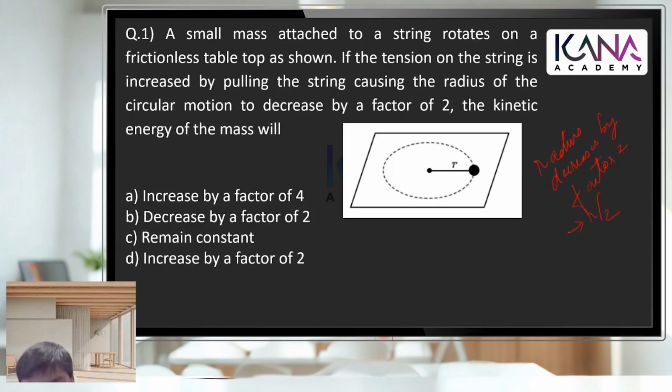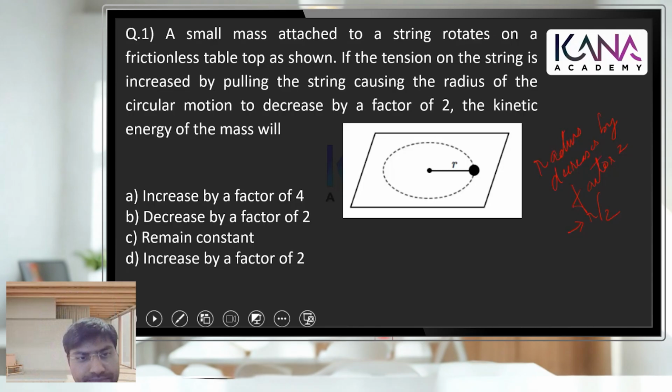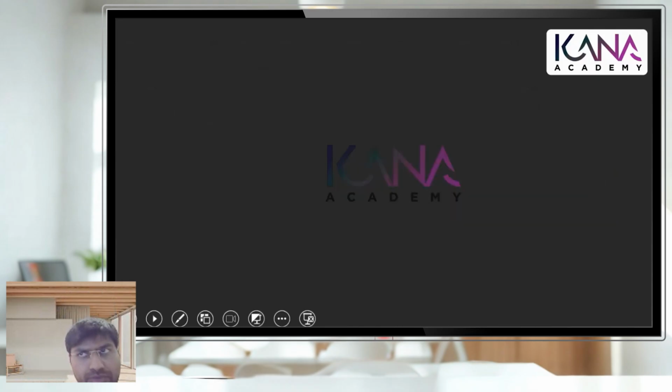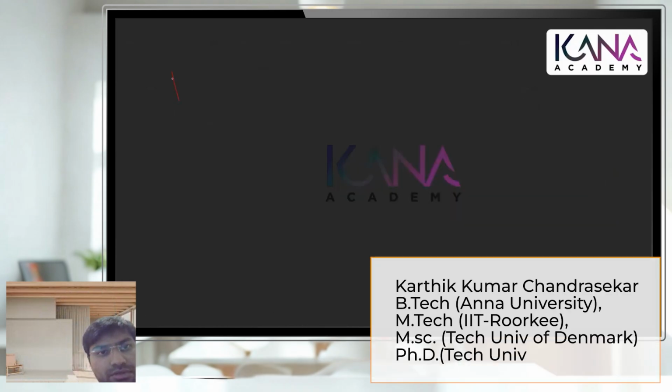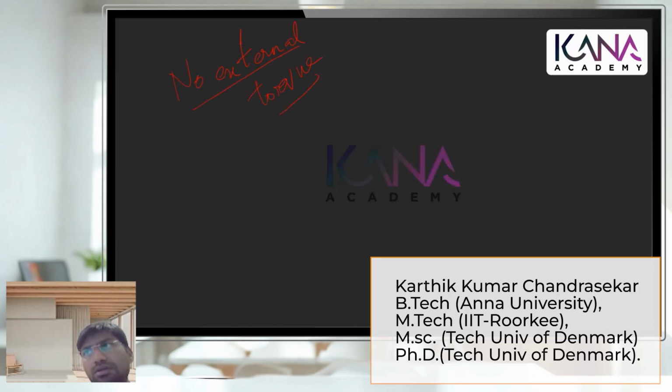So this question is based on the concept that there is no external torque about the center.